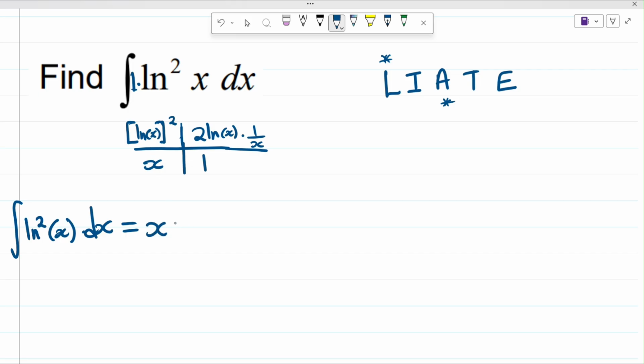This is going to be x multiplied by ln squared of x minus the integral of, what is this? The third quadrant multiplied by the second quadrant. When we multiply that, you realize that this x will cancel out 1 over x. Makes sense, right? So we'll only be left with the integral of 2 ln of x dx.